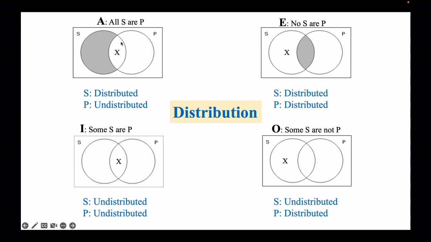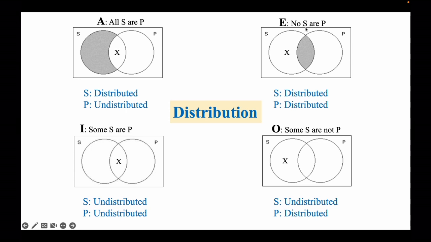But now think about it. Just because all members of S are members of P, it is not true that all members of P are members of S, as you can clearly see. So because all members of S are members of P, S is distributed, but because not all members of P are members of S, P, the predicate, is undistributed. What about the E form? The E form is very easy because it says no S are P. So what does that mean?